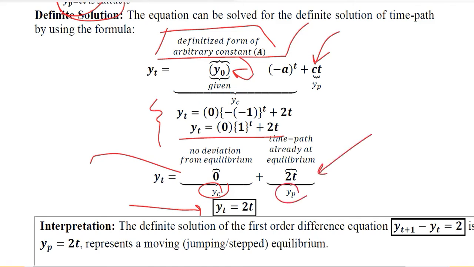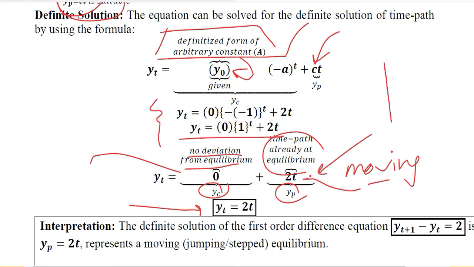It is 2t. It's a time path already at equilibrium because the deviation is not there, and the equilibrium is moving in nature because variable t is visible in it, and the deviation is 0, so it's already at equilibrium somewhere that we will see in the diagram.